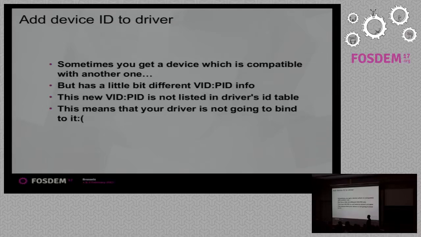So some manufacturers do this, and unfortunately kernel drivers are not always up to date, so they are not probing for those devices. It was the case with, I don't remember, a kind of LED display on USB. At some moment they changed the vendor ID and product ID from one nonsense to another nonsense, and you cannot simply fix this on the USB device because you don't have access to the console.